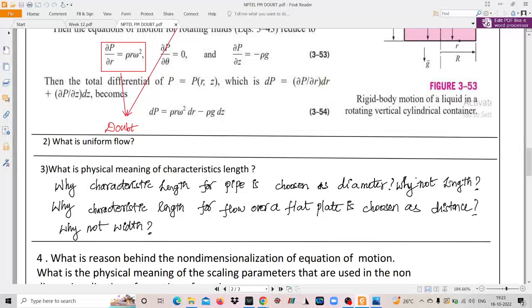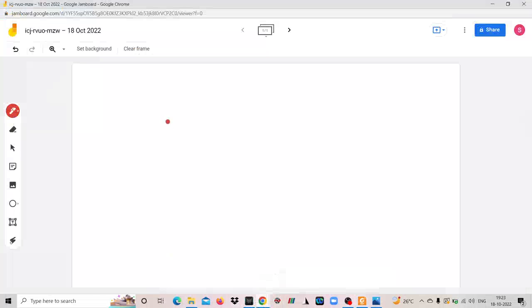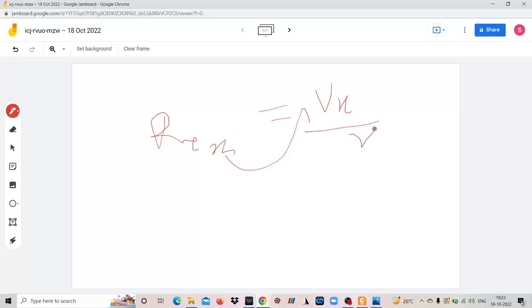And this characteristic length, maybe the second part that we have asked, for a flat plate is chosen as the distance from the leading edge. See, these results were not arrived at in a single day. Lots of experiments were performed. Now you must have remembered that whenever you study boundary layer theory, the Reynolds number is defined as Rex. So what is x here? x is the distance from the leading edge.